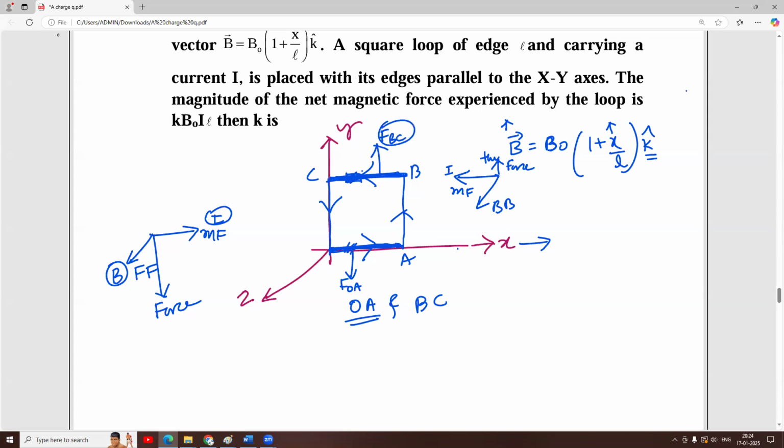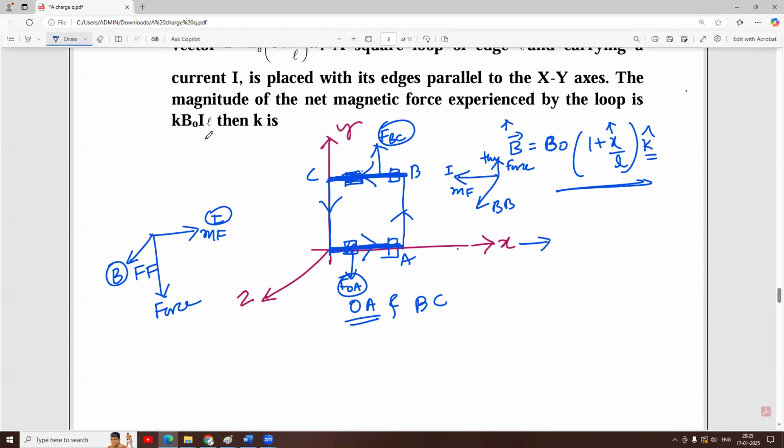F on BC and OA will cancel each other. Reason: they will be experiencing the same amount of magnetic field at every part. Whatever the magnetic field exists here, the same amount exists here also, because they are lying at the same x distance from the origin, so the magnetic field changes with the x-axis only.